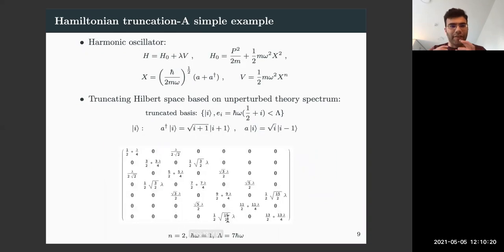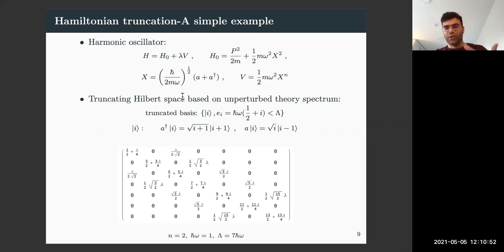Let me just quickly give a very concrete example from quantum mechanics. That's a very simple example: you have a harmonic oscillator with a Hamiltonian, which is H0, as we all know, p squared plus x squared, plus a deformation. And here, specifically, I consider a deformation of x^n. And we truncate our Hilbert space based on the unperturbed theory spectrum.